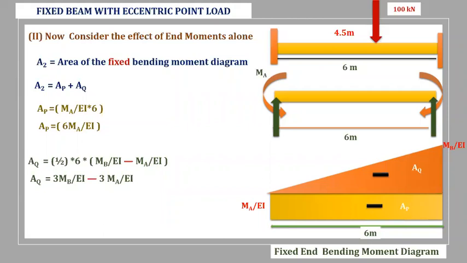After we calculate it, we can get from the final value whether it is more. Here, one is the triangle, one is the rectangle, the bottom one is the area AP into AQ. AP is L into B, MA by EI into length side.